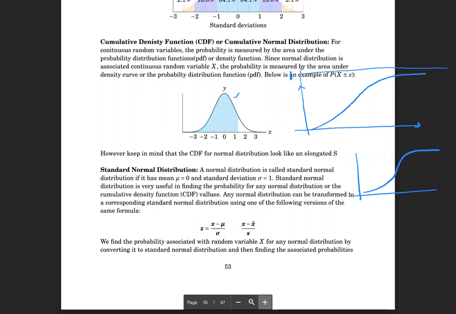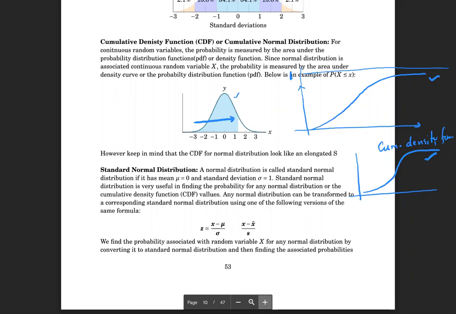So this is the cumulative density function. If you add up the probabilities as you go from left to right, and plot it, this is how it's going to look.